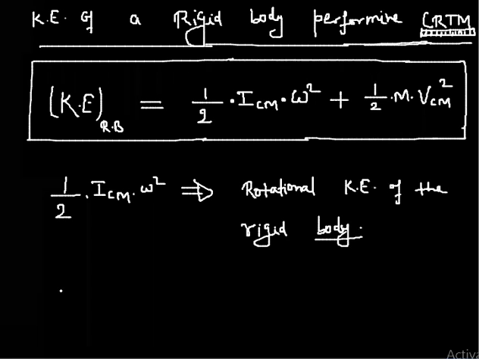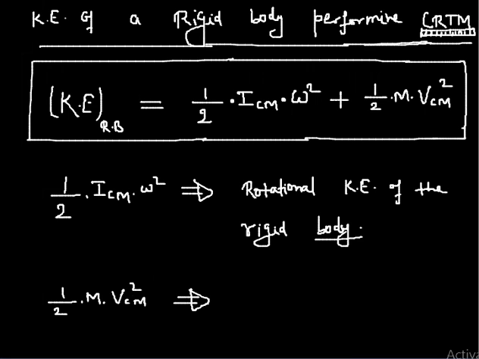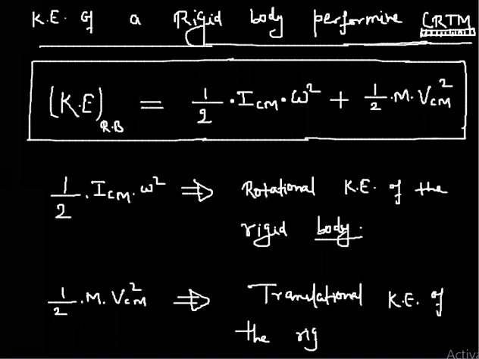Now one more relation, half m times velocity of center of mass square, and this is called the translational kinetic energy of the rigid body. So we can see the calculation for a rigid body will be done in two different parts, and for total kinetic energy we have to add the individual ones.